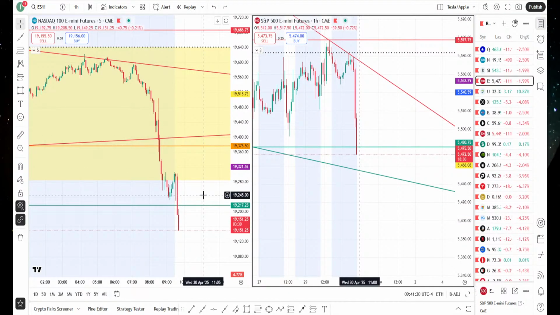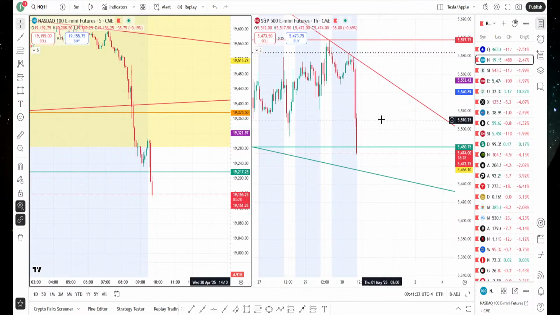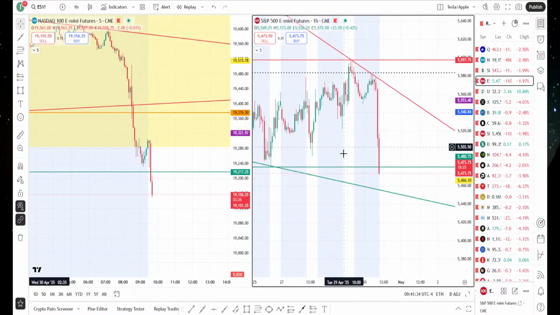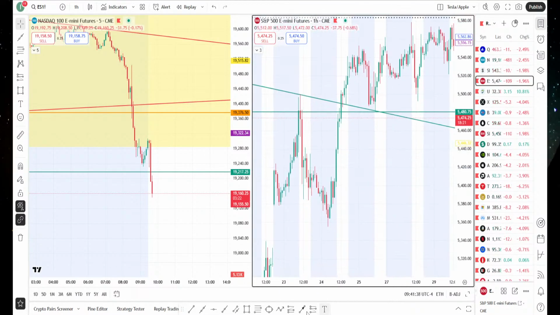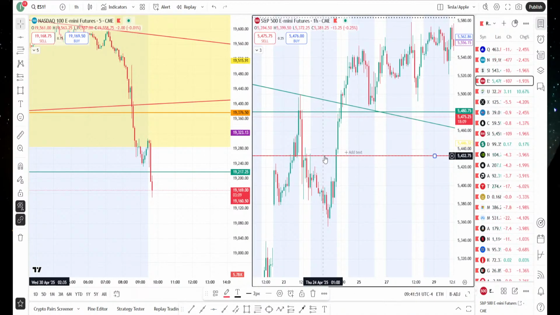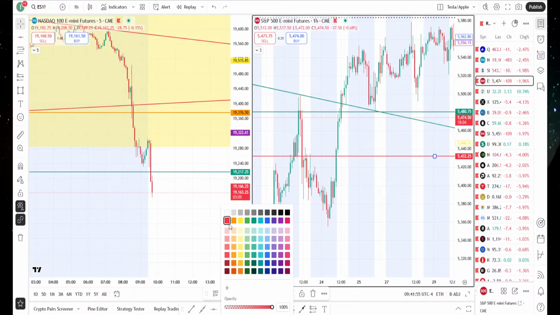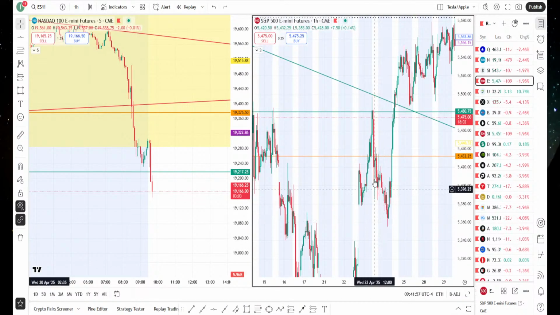Okay. Now that we have everything all set up, to the lower time frame. Let me mark this key level here as well. Since that's a key level, I like to mark them up with orange.